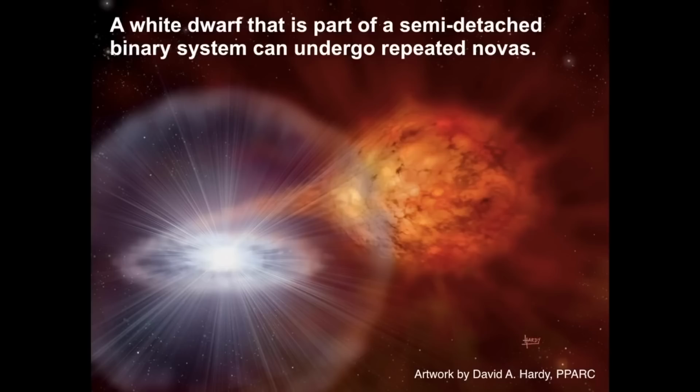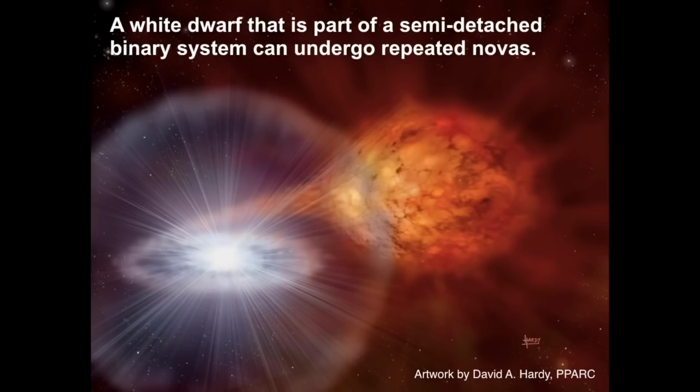And as it's close, material flows as the red giant expands, and the gravitational balance point between the white dwarf and the red giant gets to the point where it's tipped towards the white dwarf. And because the two of them are spinning and orbiting each other rapidly, it goes off in this stream-like structure that you see and forms a disk around the white dwarf.